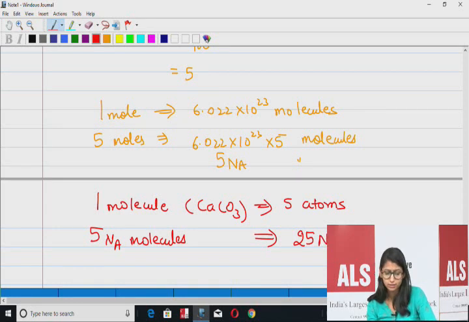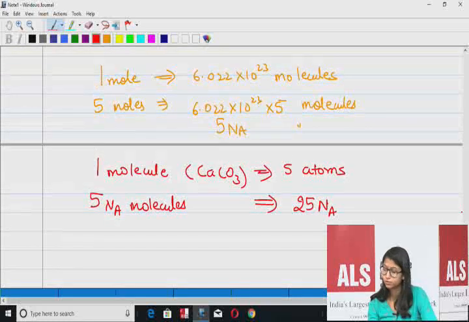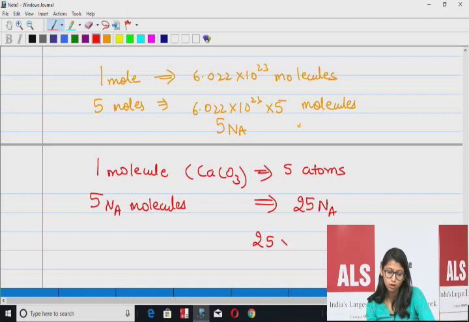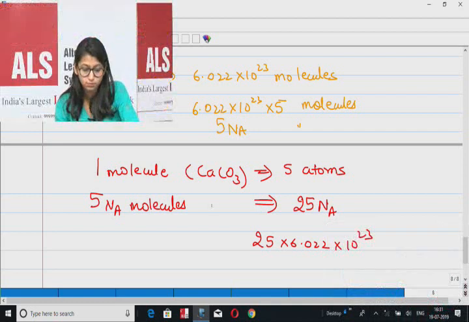I am getting 25 Na. Just check if you are getting it or not. Now you can simply find it out. If you want, you can do the complete calculation, and you will get the answer: 150 into 10 to the power 23.